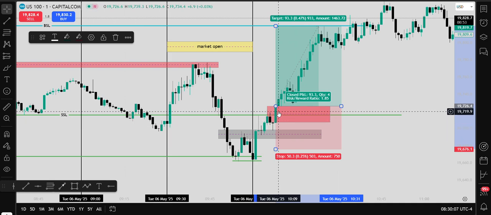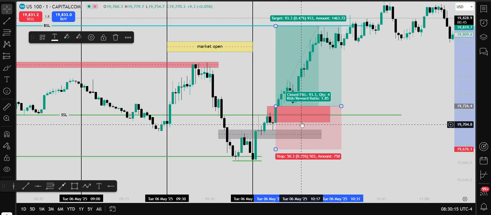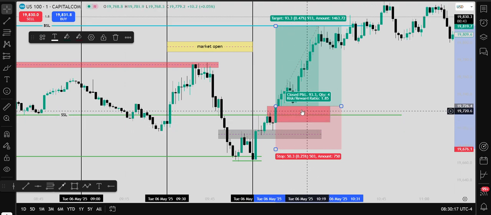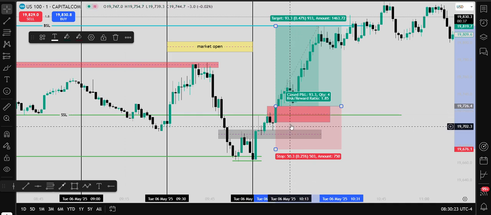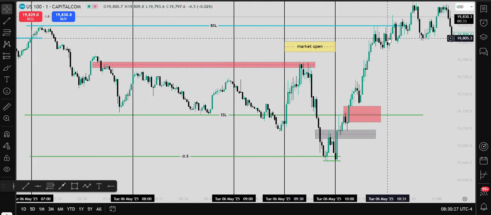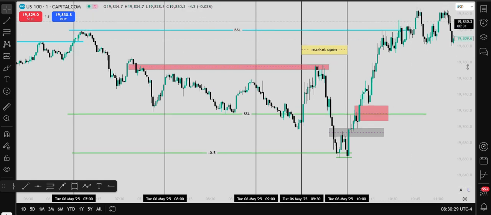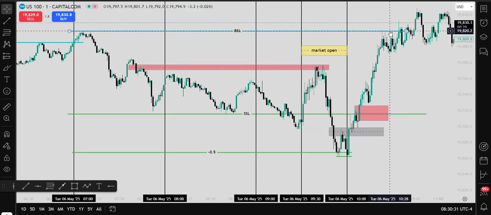And if you can see clearly, if you would have entered at the second fair value, you would have given the market room to play around this area that is between this fair value and this one. And once it was respected, you can see that it reached the target that we wanted, which was right here.